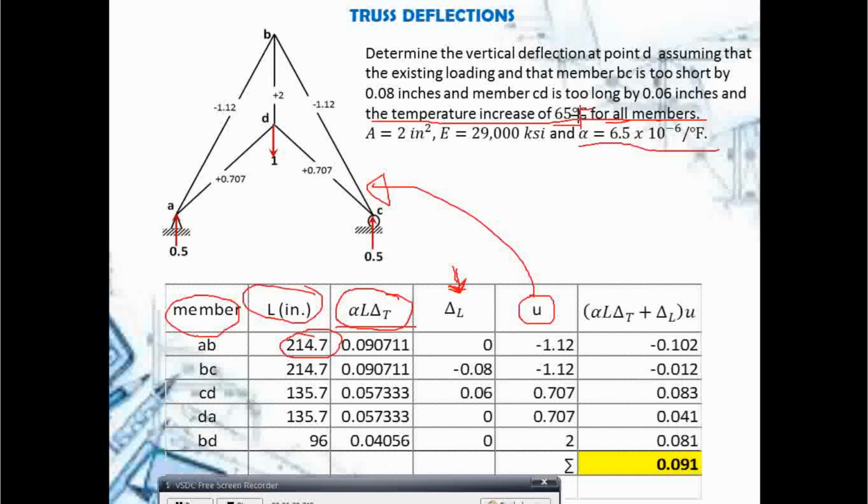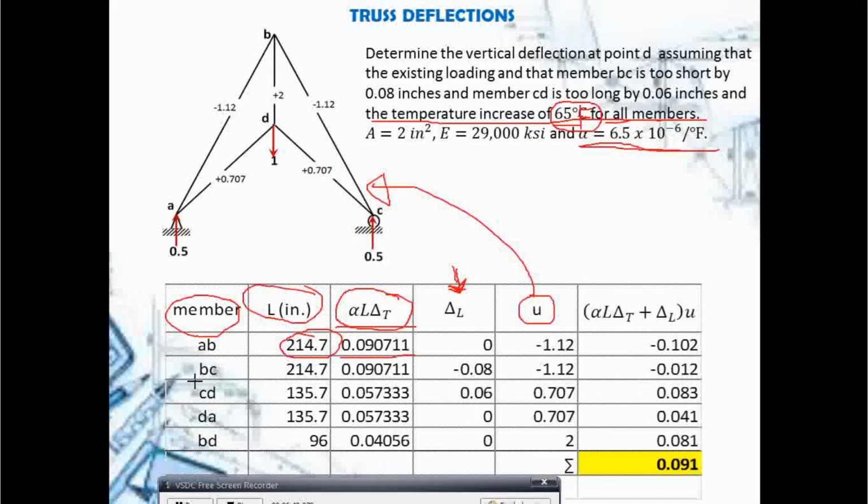It should be Fahrenheit. Now, be consistent with your units. The coefficient of thermal expansion is in degrees Fahrenheit. Therefore, my temperature should also be in degrees Fahrenheit. And I used inches for my length. Okay, the displacement due to the change in temperature for AB now is equal to 0.090711.